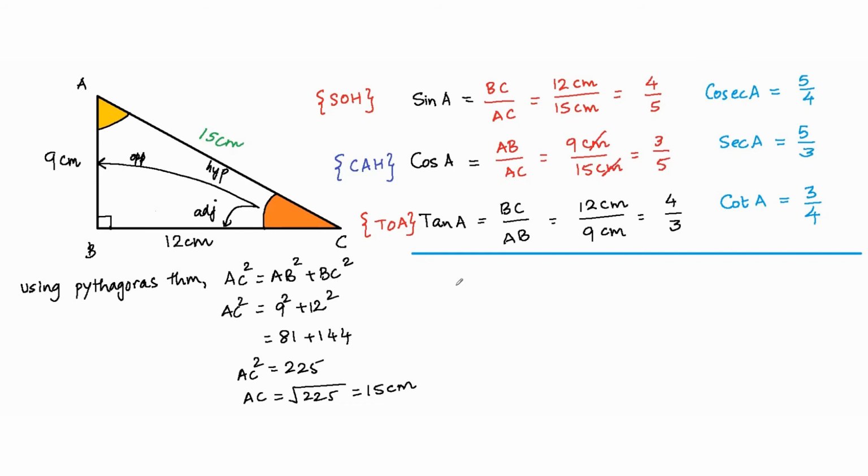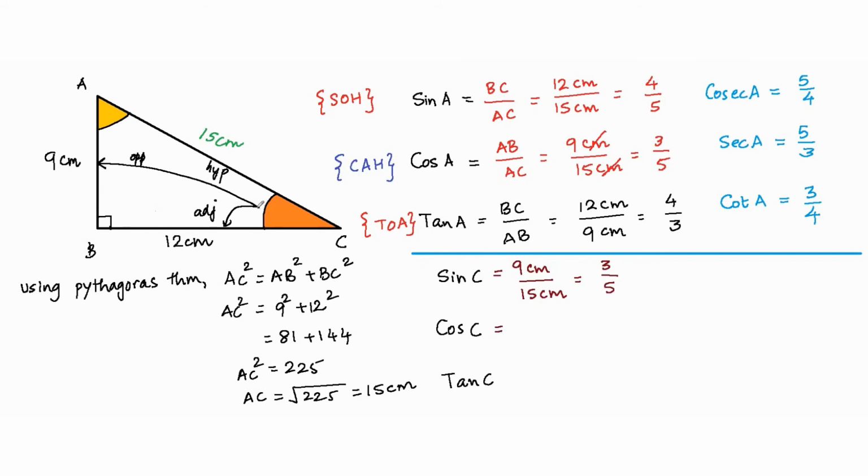So again there are 6 trigonometric ratios. One is sin C, one is cos C, one is tan C. So let us find the trigonometric value of sin C. Sin is opposite, which is 9 centimeters, divided by the hypotenuse, which is 15 centimeters. So this is 9/15, which is 3/5.